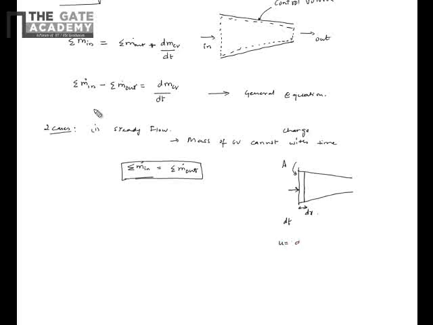That is u = dx/dt. The volume of the mass that has entered is area of cross section times dx, and the mass associated with this volume is density times volume. So it is rho A dx that is the mass that has entered.